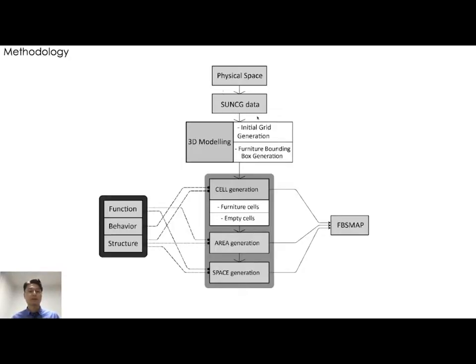Based on that data, we use it as a 3D model, and then we make an understanding of the floor plan by giving the initial grid and doing the other steps. Once we generate the cells, we are able to identify the areas, and the bigger one is the space. So we need to build this 3D model based on the existing data.